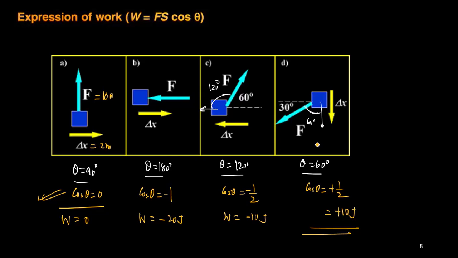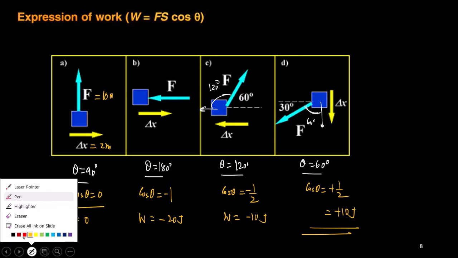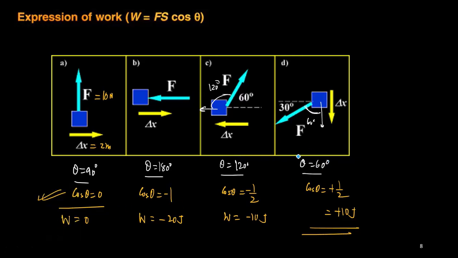And what you can understand from this is that the work can be positive, negative, or zero. When the work is positive, in that particular situation the theta angle should always be less than 90 degrees, that is, an acute angle.